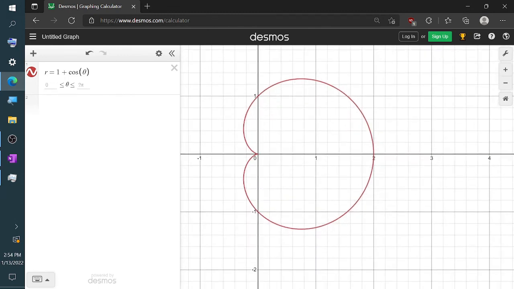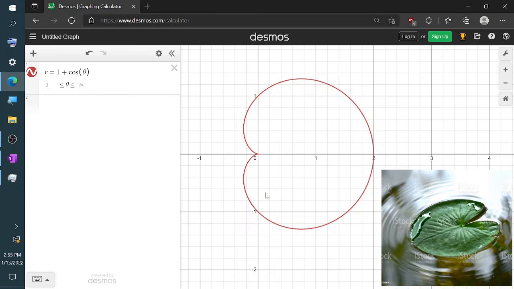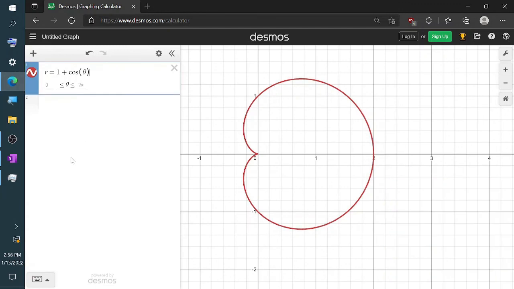The word heart is related to things like cardiac arrest, for example, coming from a root word meaning heart. However, I personally think that it kind of resembles a lily pad. So this is another kind of cool shape that can be achieved using polar coordinates.